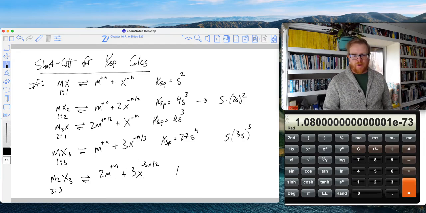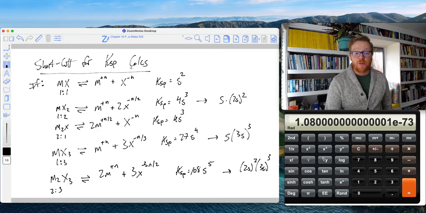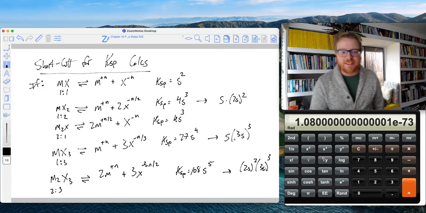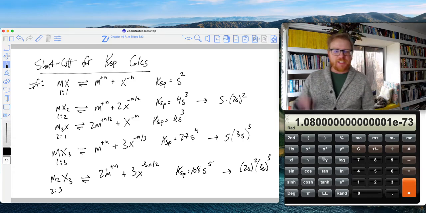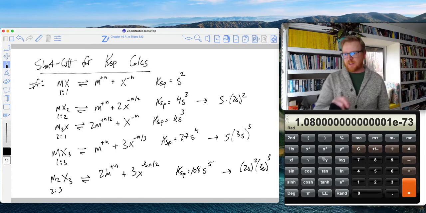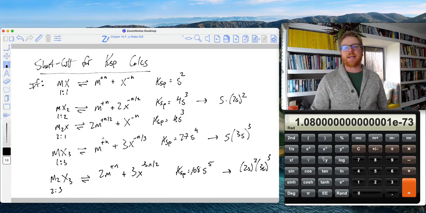What you want to worry about is the KSP expression, and recall that went as 2s all squared times 3s all cubed, and that's what gave us the 108s to the fifth power. So these are our shortcuts for our solubility calculations. These are good to be able to quickly recall. Okay, now I'm going to record a part C for the last calculations.